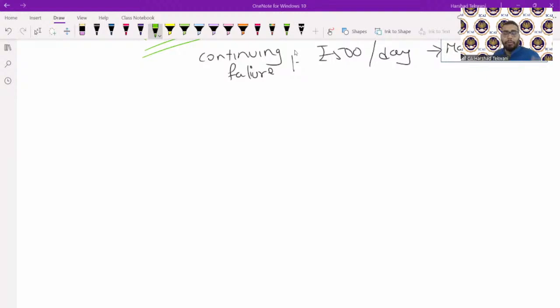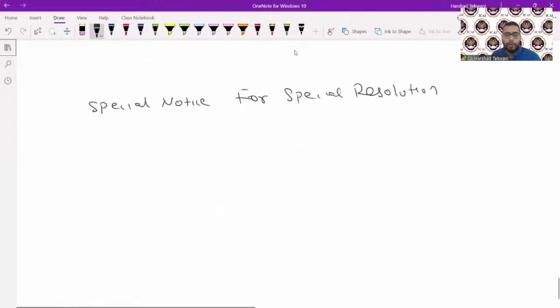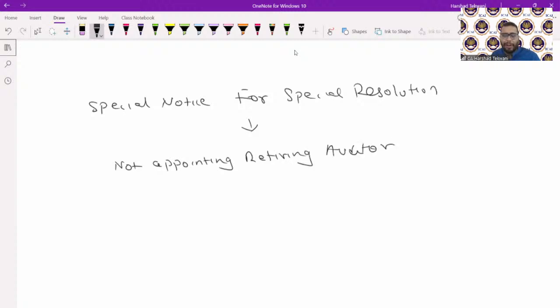Now what is the special notice for? We will not be appointing the retiring auditor, or we will be appointing an auditor other than the retiring auditor. So we will first share a special notice for the special resolution, which will state that we are not appointing the retiring auditor or are appointing an auditor other than the retiring auditor.